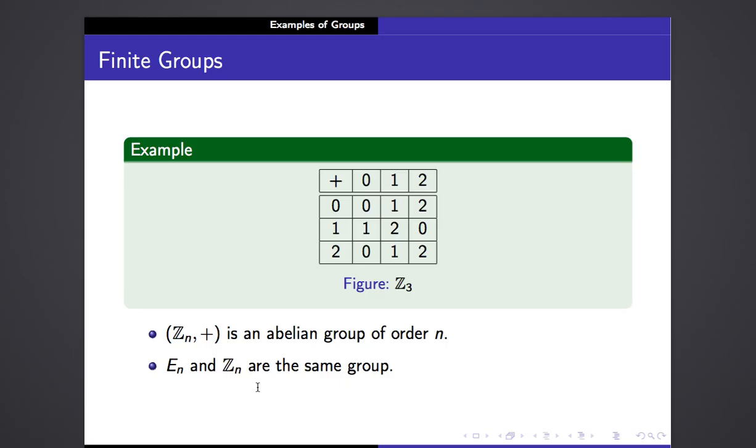Remember, some time ago, in the introduction, I talked about what we mean by two groups being the same in group theory. In group theory, we say two groups are the same by their being isomorphic. So one group is isomorphic to the other group.